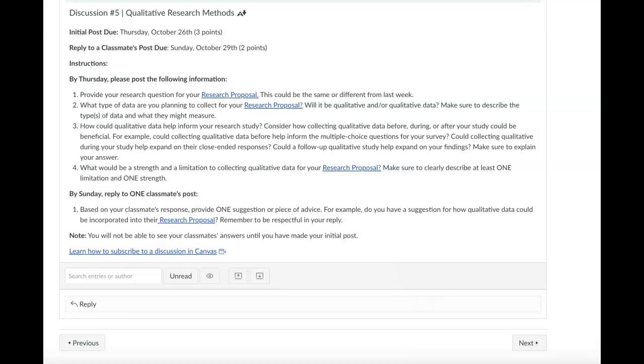But a strength, kind of going back to that example around beliefs and misinformation and HPV vaccine uptake, maybe there isn't some existing scale or survey question for measuring misinformation about that specific vaccine. And so doing qualitative data collection, even though it's more time consuming, can really give you a more in-depth understanding of all of the different beliefs and misinformation that might exist, that you potentially wouldn't just know by creating a quantitative survey.